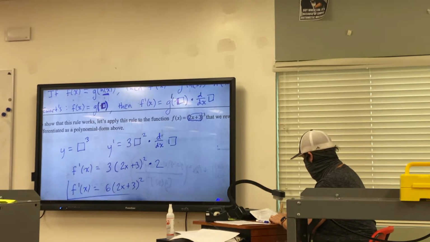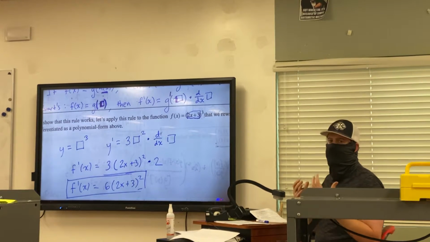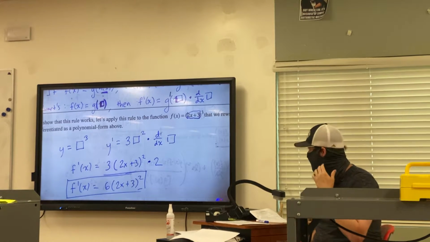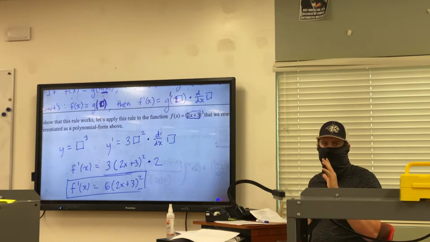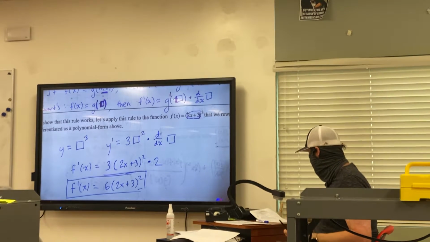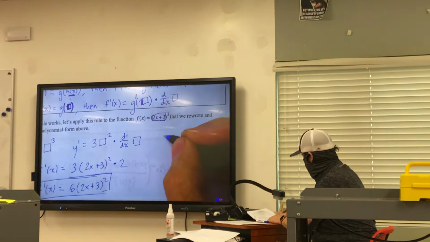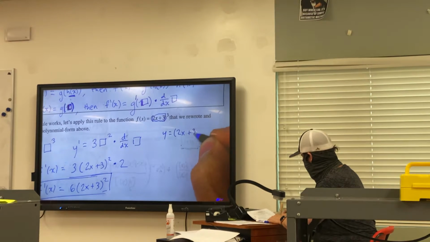Does this start with the inside or the outside? Outside. Some people also memorize this as, you take the derivative of the very most outside thing, and then you cross it out and work your way in. And sometimes I'll do that as well. So look up here for me for a minute and then you can copy down. When I'm doing this, if I think of y equals 2x plus 3 cubed, what's the very most outside thing?